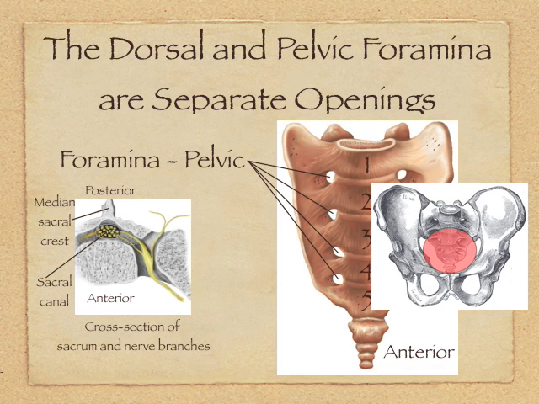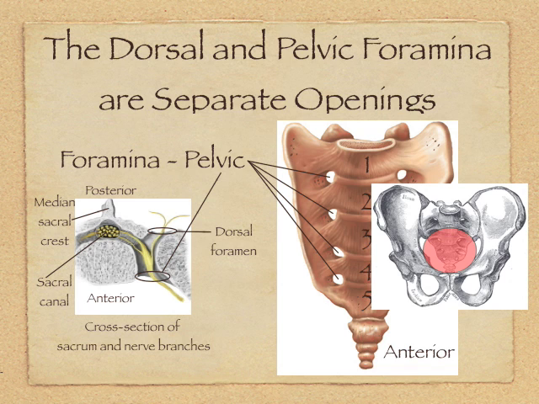And so the pelvic, since this is the anterior side, the pelvic foramina are located here, and the dorsal foramen is located here. So even though they're lined up and you can see straight through them, they really are separate openings from the sacral canal, from a uniform individual inside space.